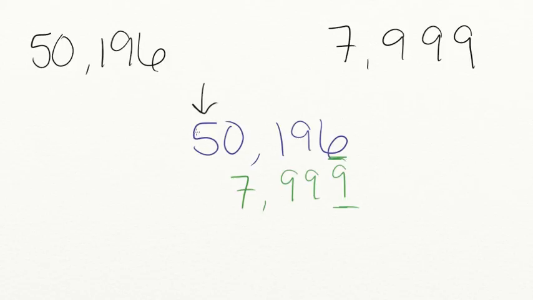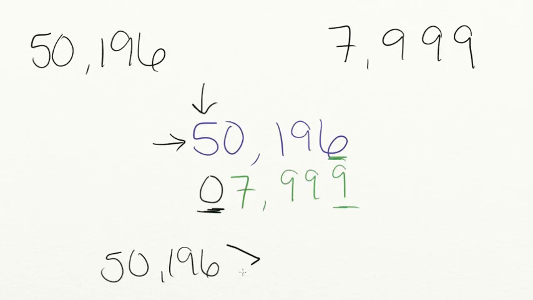Now we have a 5 in the 10,000s place, but we don't have anything in the place value for this bottom number, so we can put a 0 here. So we can compare 5 to 0. Since 5 is greater than 0, that means that our top number is the largest number. So we can write this as 50,196 is greater than 7,999.